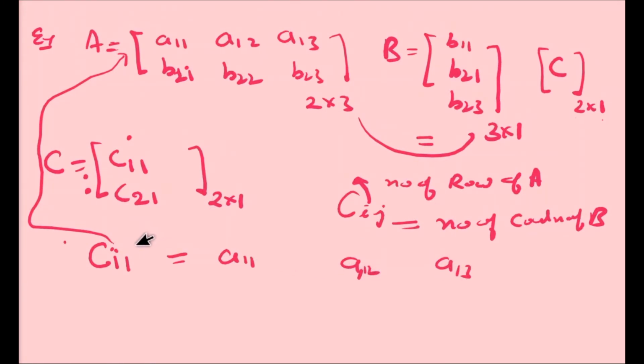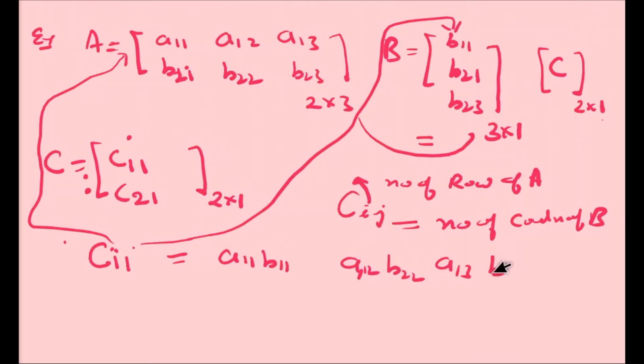Now this is multiplied with the first column, that is B11, B21, B31. Now multiply these and add them. What is the result here? That is C11.